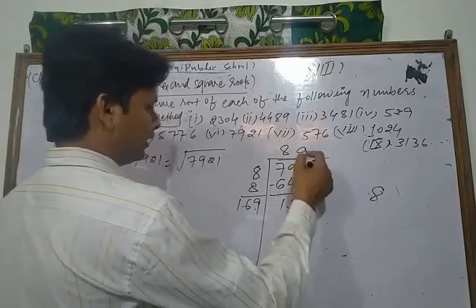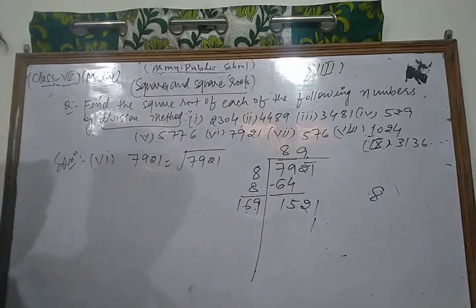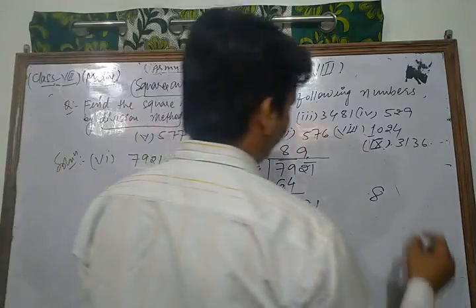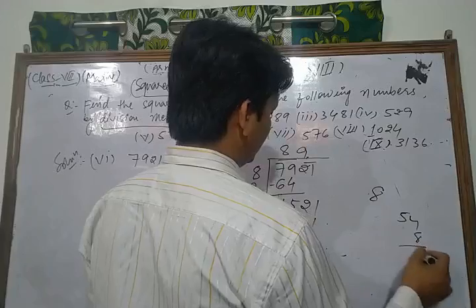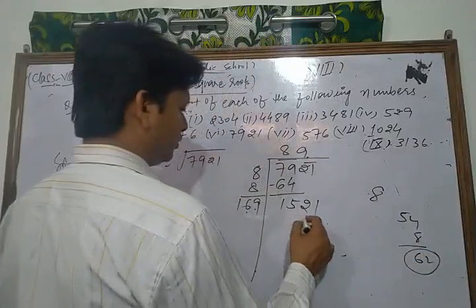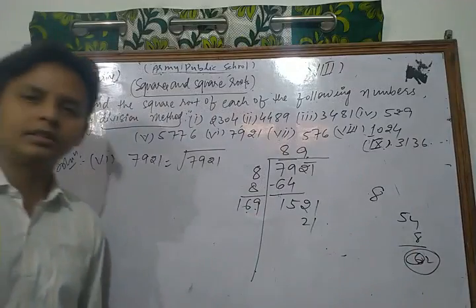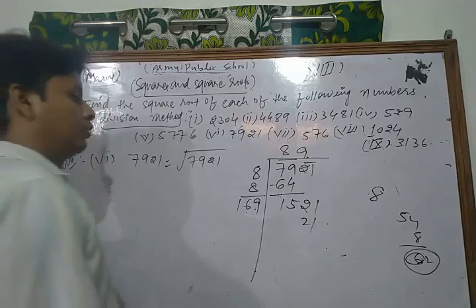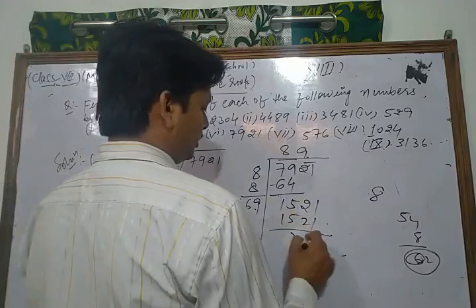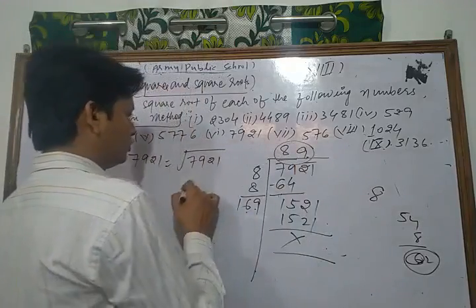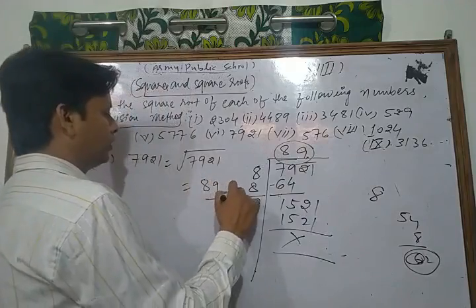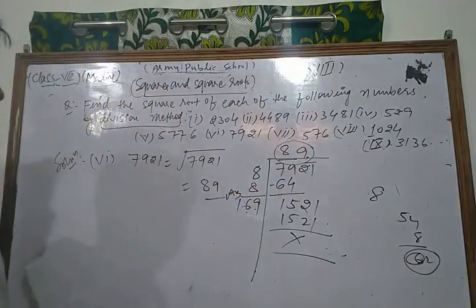Carry 8, 9 6s are 54, plus 8 is 62. Write 2, carry 6. 9 ones are 9, plus 6 is 15. So here we write 15. Thus the required solution is 89. The square root of 7921 is 89.